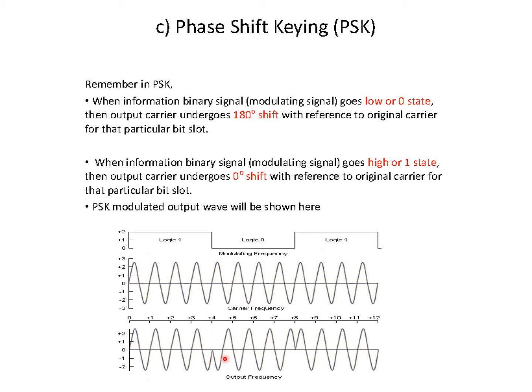There is a 180 degree shift in the phase of the carrier signal. So if the detector is looking for phase changes, it can easily understand that when there is a phase shift of 180 degrees, it is a logic 0. So this output modulated signal will be shifting between 0 degree phase and 180 degree phase shifts.